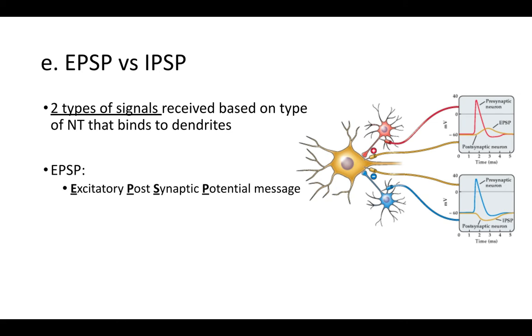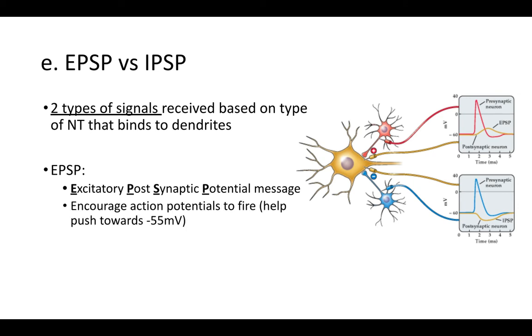Okay. So for EPSPs, here's what that acronym stands for: excitatory postsynaptic potential message. That is an EPSP signal, which comes from a neurotransmitter that is going to excite the neuron, which essentially means that it's going to let some sodium start to creep in and start the process of generating an action potential.